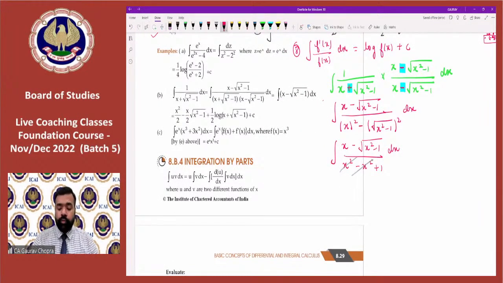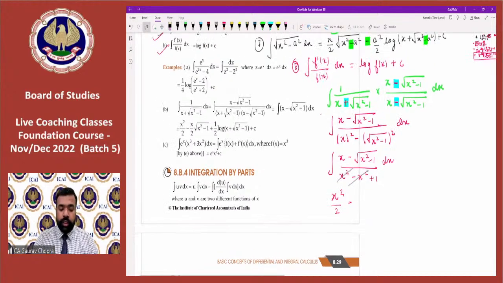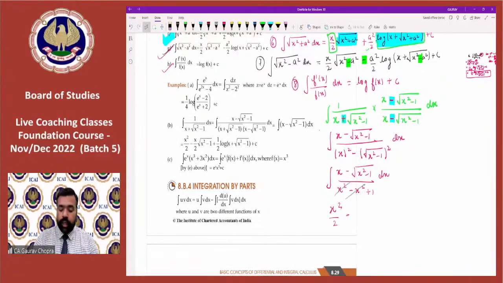So integration of x becomes x square by 2 minus. Now what is formula number G? That is x upon 2 root of x square minus a square, so x square minus 1, and then minus a square by 2.